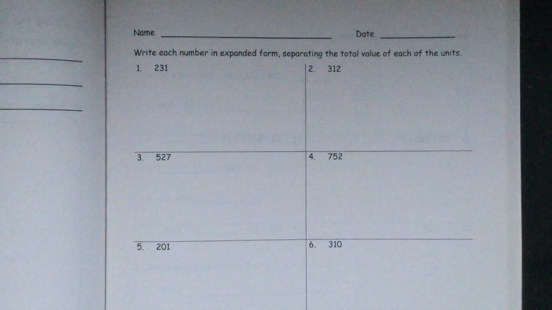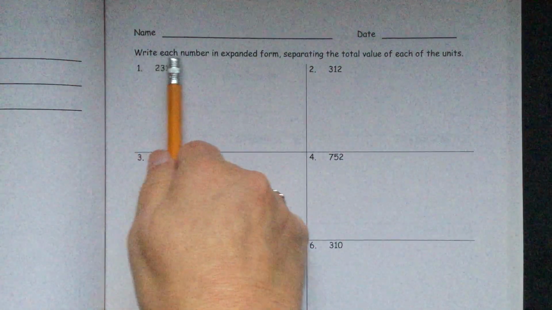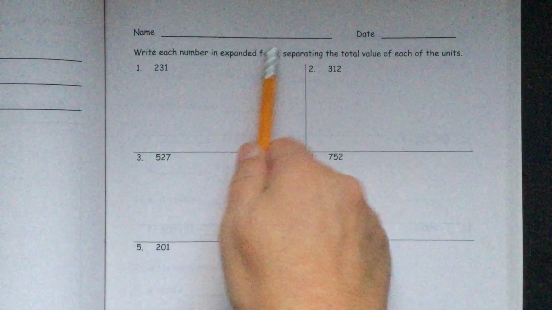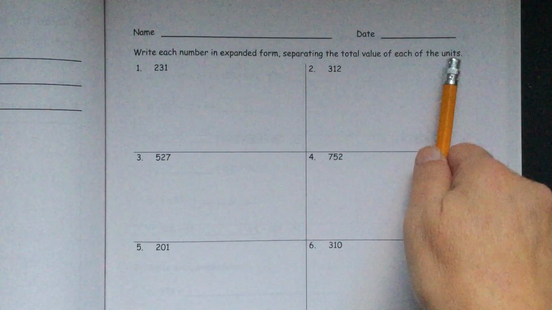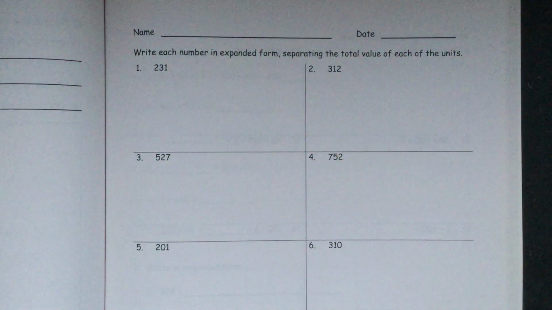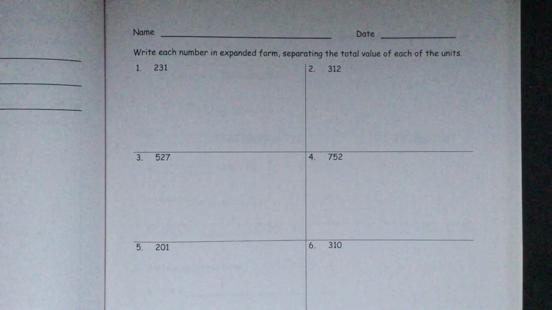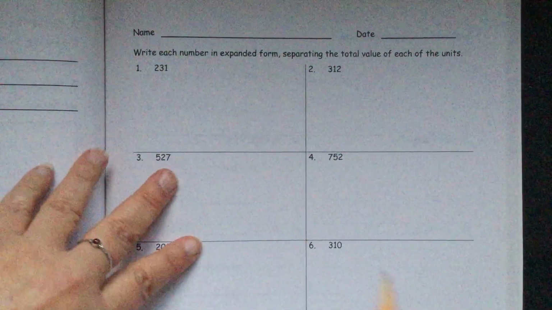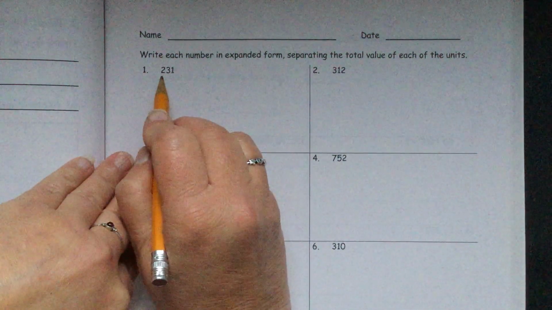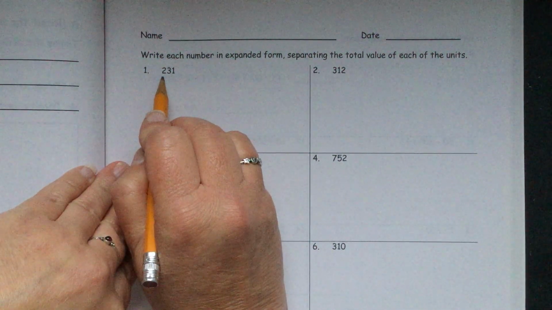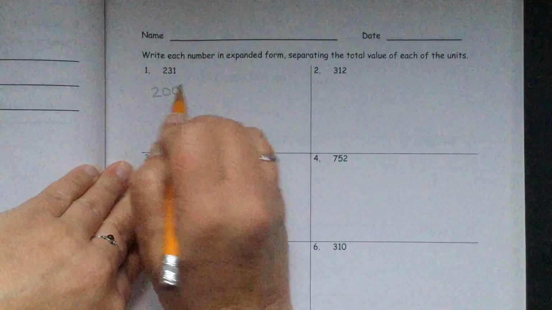Okay, so here we have the directions. Write each number in expanded form, separating the total value of each of the units. Okay, so expanded form is when you're adding each part of the number. So for 231, the 2 is in the hundred space. So this 2 represents 200.